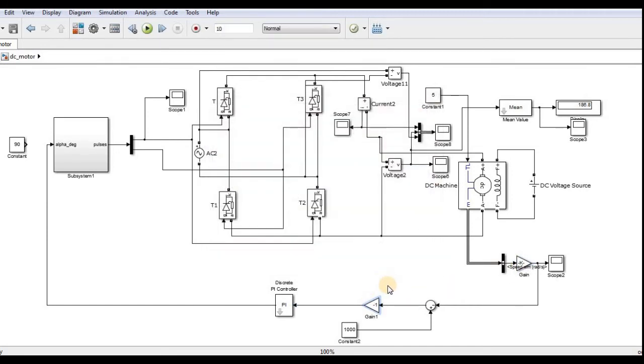I am multiplying with minus 1 because I require a low value of alpha whenever my speed is very less. If speed is very less, I require a low value of this alpha, or else you can make it reverse here also, but generally we are considering positive as a reference. So let us assume, so now I am running this. So before running, let's connect one scope over here.